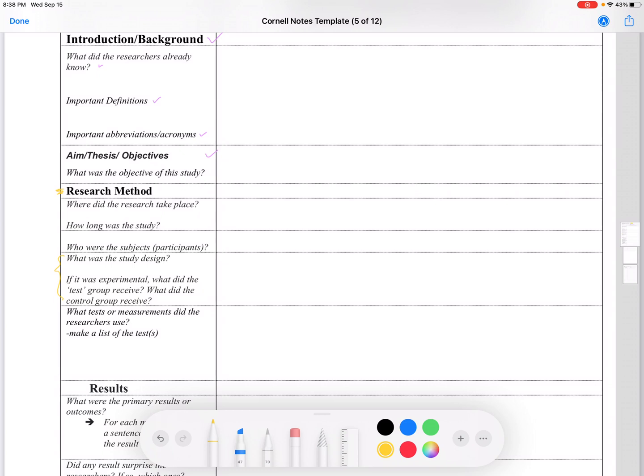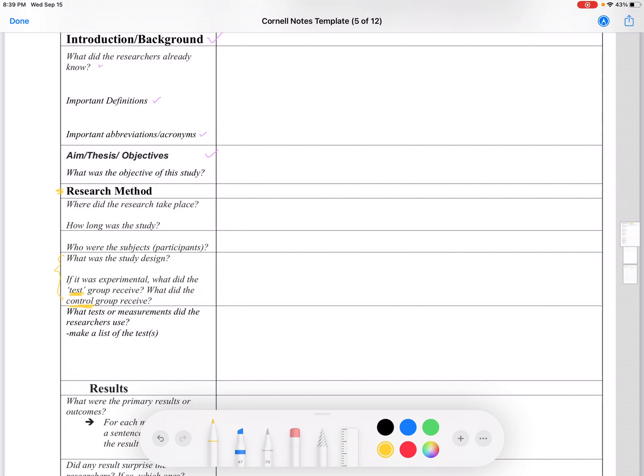If it was an experiment, if they used words like random control trial, that means they put the subjects into at least 2 groups. They have a test group that received some kind of treatment and a control group that did not.